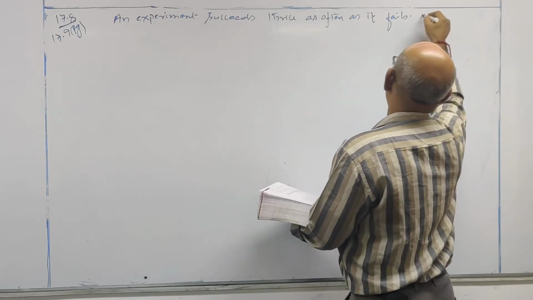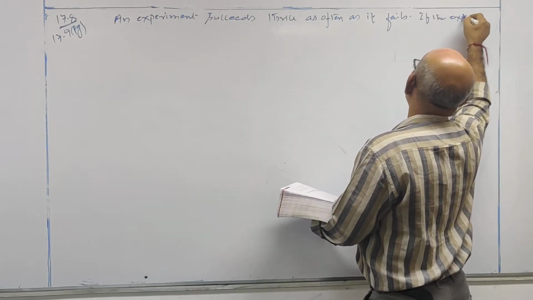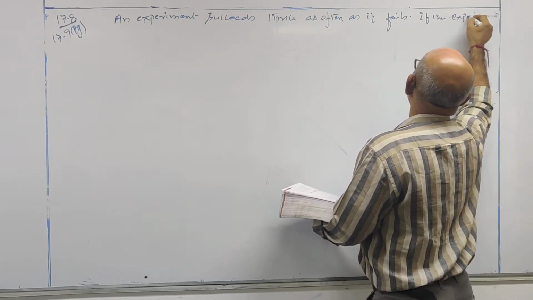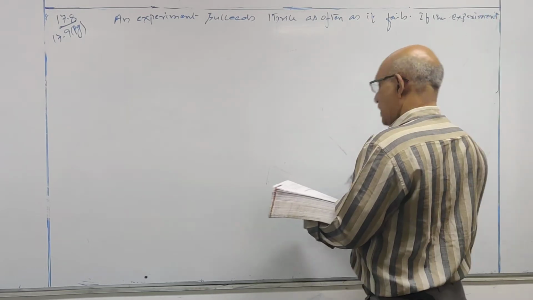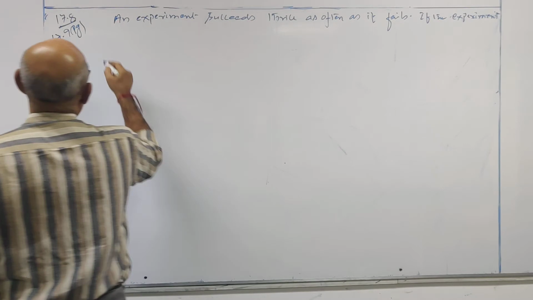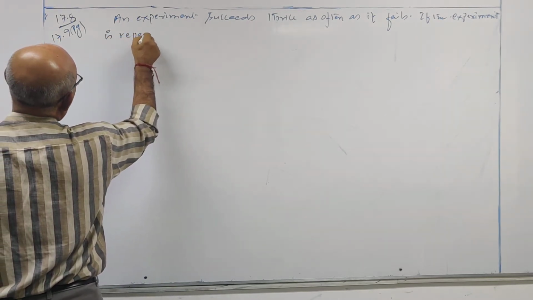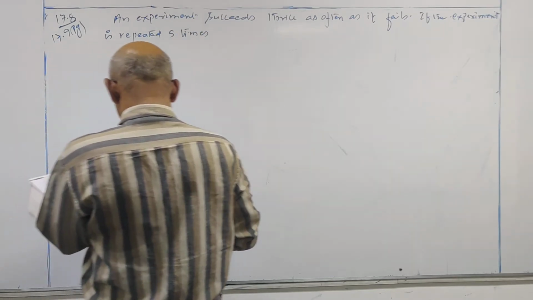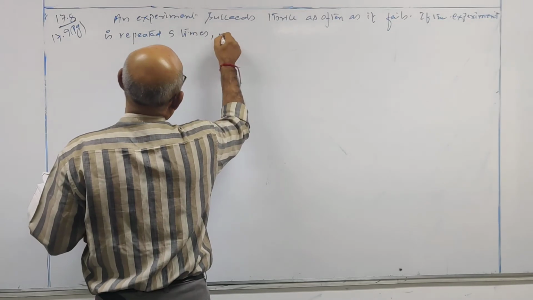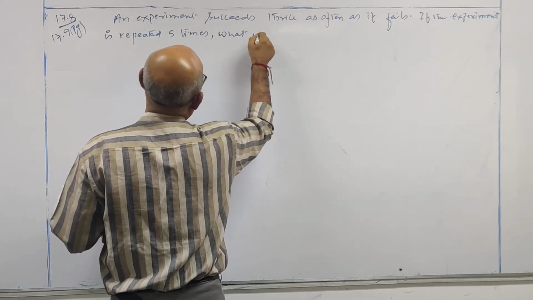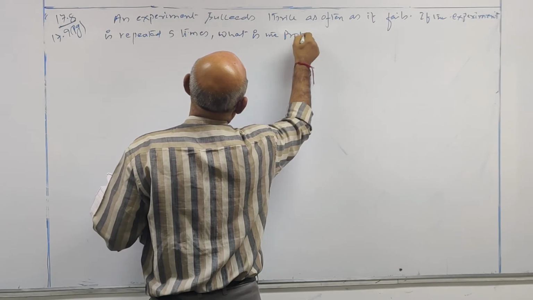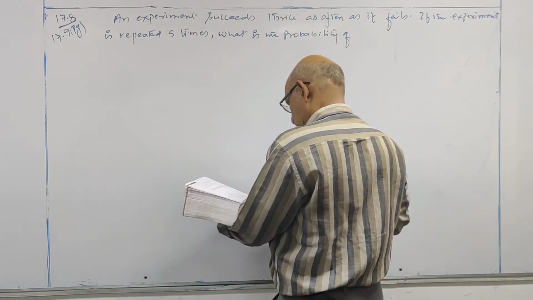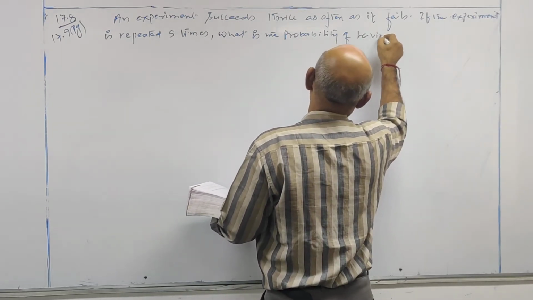If the experiment is repeated 5 times, what is the probability of having no success at all?